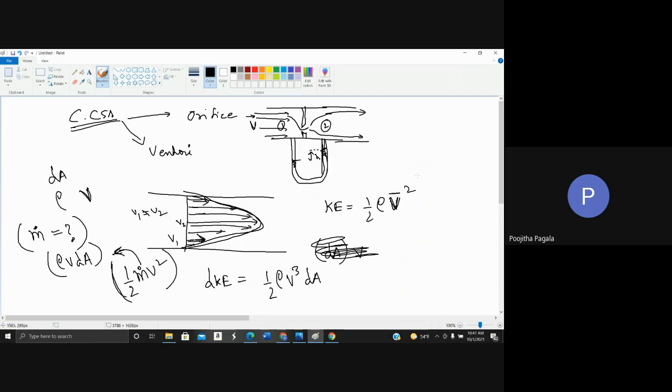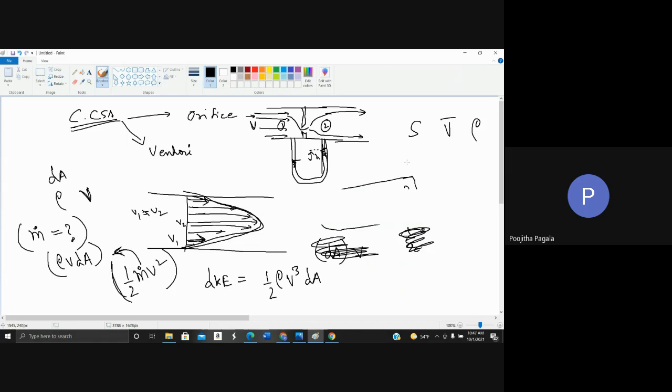But you know that this is the kinetic energy of a differential element. Now, what is the rate of transport of average kinetic energy? Now you're considering the entire cross-sectional area. So the entire cross-sectional area is S, the average velocity is V bar, and the density of the fluid is rho.